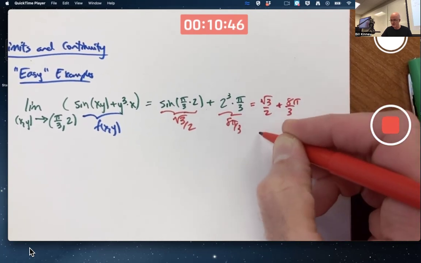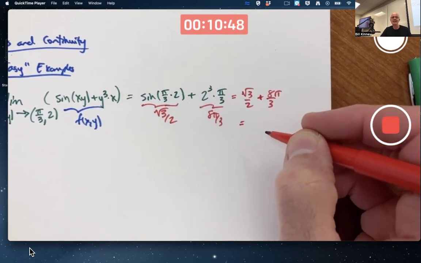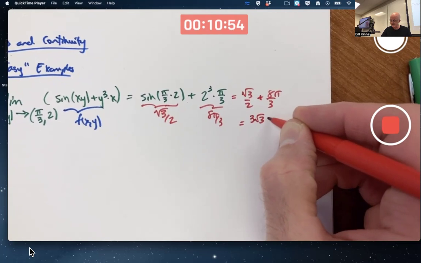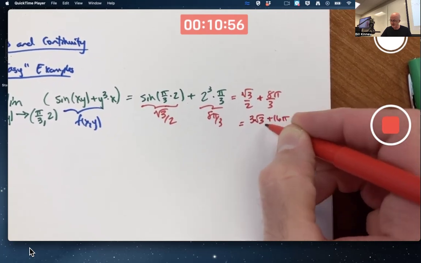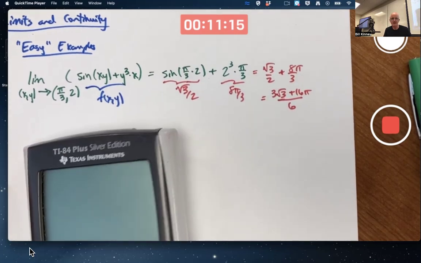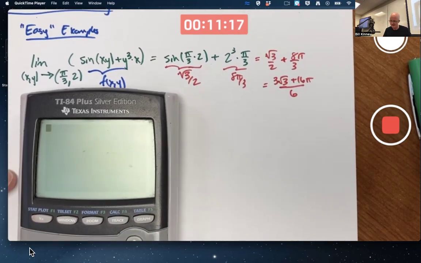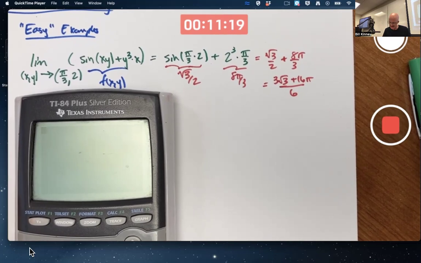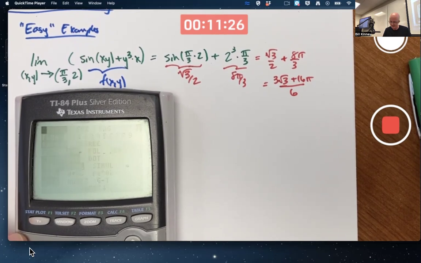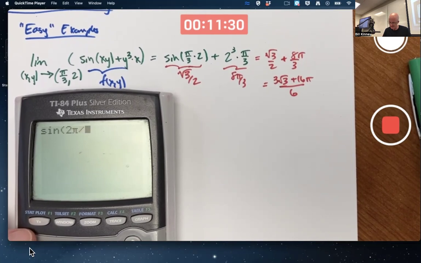Make sure you double check my work to make sure I don't make a mistake. If we get a common denominator of 6, we could also write that as 3 square root of 3 plus 16 pi all over 6. Let's double check it with a calculator. Okay, sine, make sure we're in radian mode. I am in radian mode. Sine of 2 pi over 3.